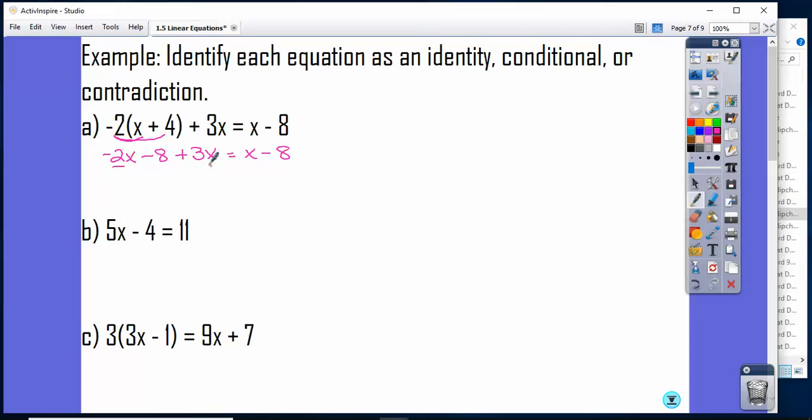Add like terms, a negative 2x and a positive 3x is just an x. Subtract my x's and they cancel, but I'm left with negative 8 equals negative 8.